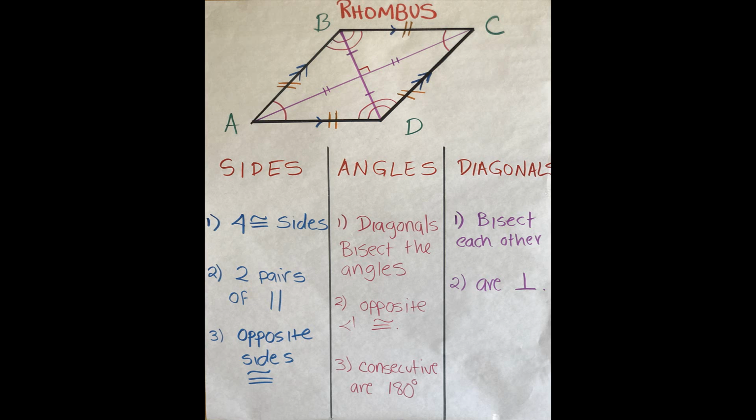The second says that segment AB is not congruent to segment CD, but that's not correct because a rhombus has four sides that are congruent. So that means that choice A is not correct.